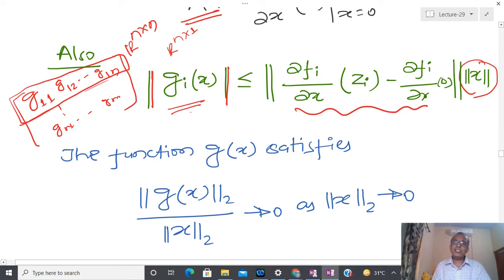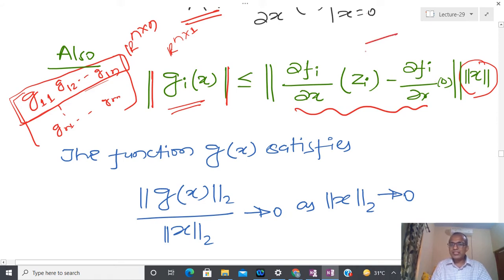So I am just worrying about the neighborhood of that, where x is tending towards 0. Now you can see that since x is tending towards 0, by continuity, f_i(x) at the equilibrium point is also tending towards 0.